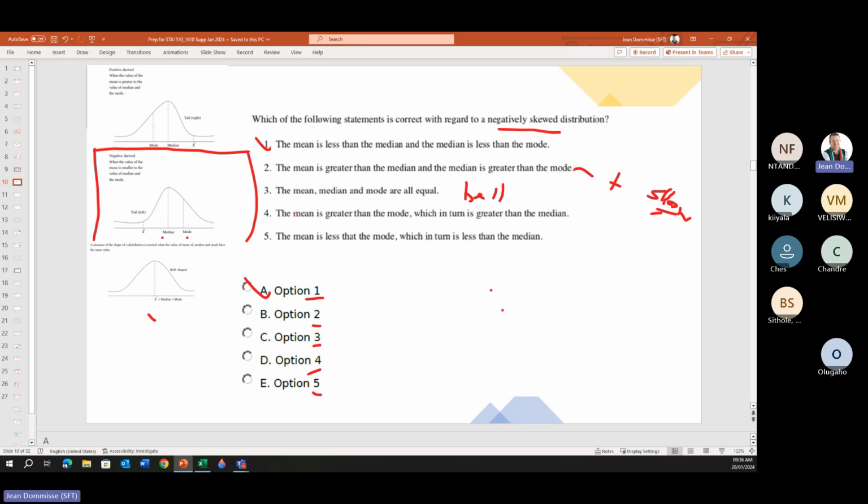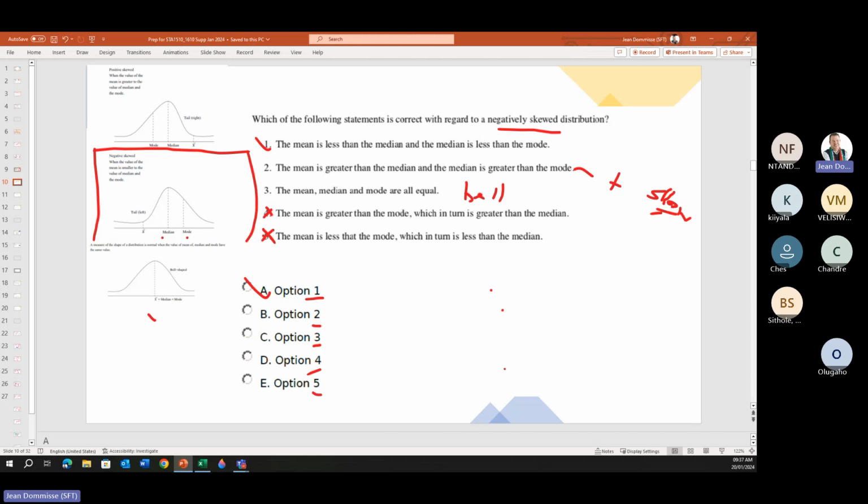Then the other two: the mean is greater than the mode, which in turn is greater than the median. So that one is just confusing. The mean is less than the mode, which in turn is less than the median. So they basically every time move the mode, so those two are definitely wrong.